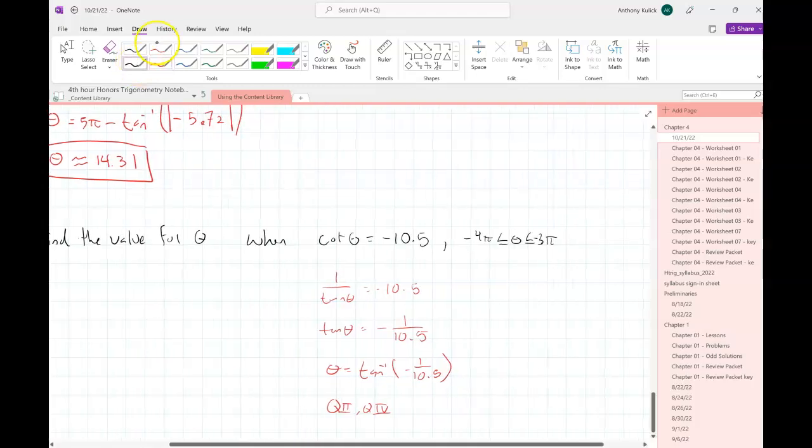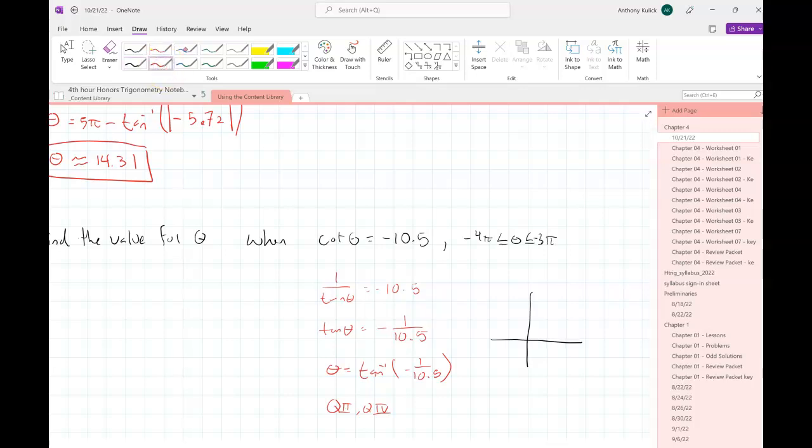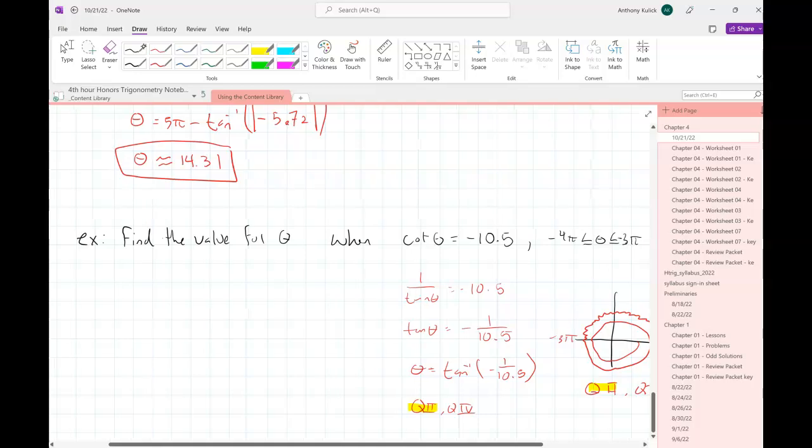If I'm going from negative 3 pi to negative 4 pi, it's negative a half, negative 1, negative 1 and a half, negative 2, negative 2 and a half, negative 3, and then negative 3 and a half to negative 4. So we're looking at quadrants 2 and quadrant 1.